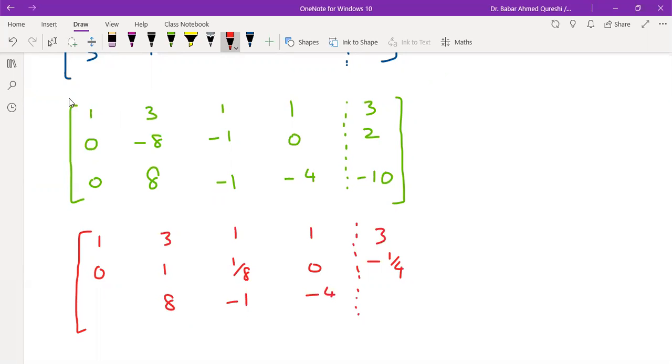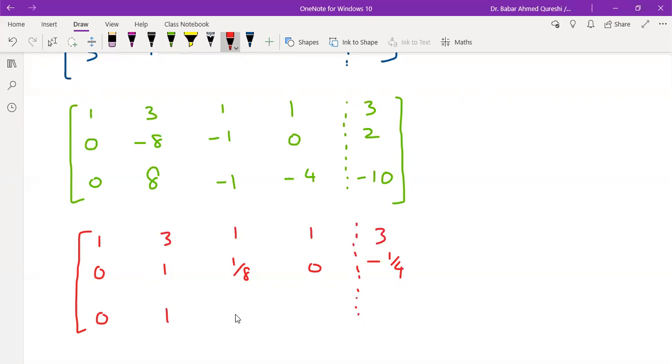Well, what I could have done, I could have added this line to this. But since I have already multiplied that by minus 8, that's okay. I can do it in the next step. First, making this one. All that matters is that the final form has to be echelon.